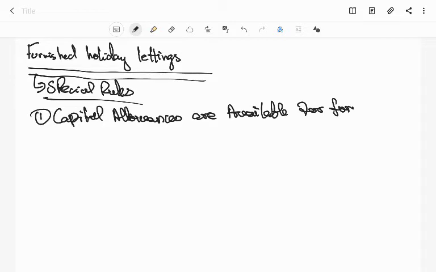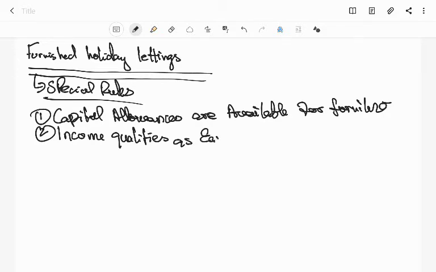furniture, right? Well, what is capital allowances? We will look at it in the upcoming session. Number two, income qualifies as earnings for pension relief.